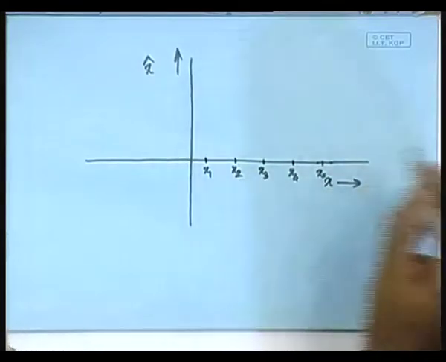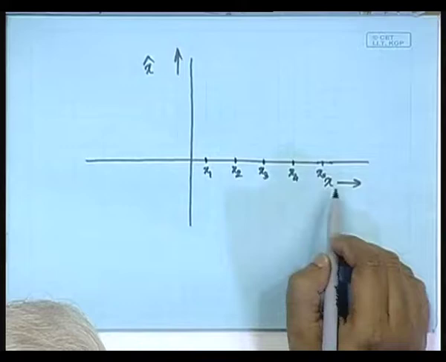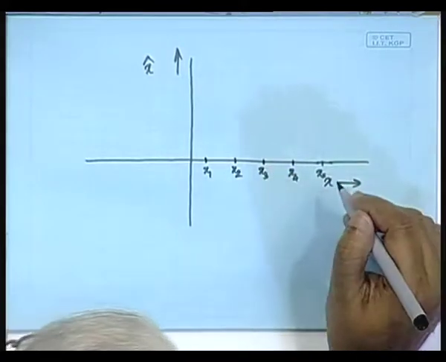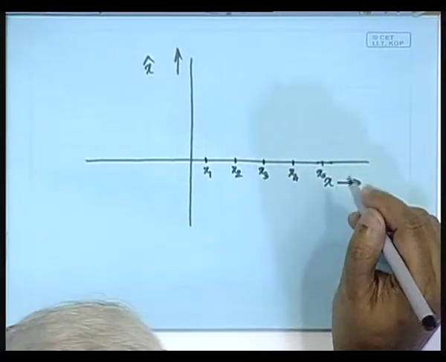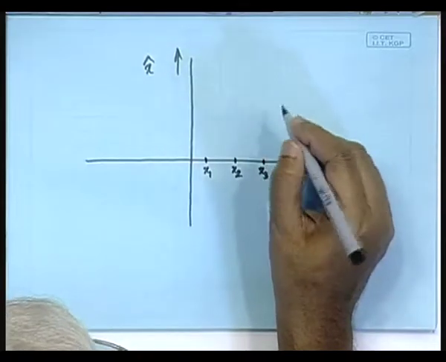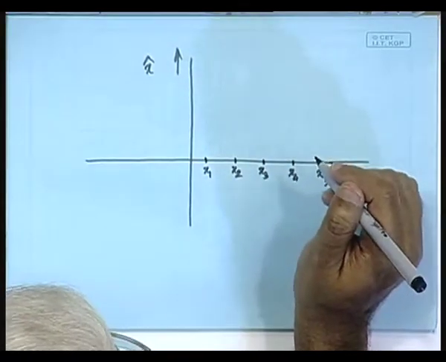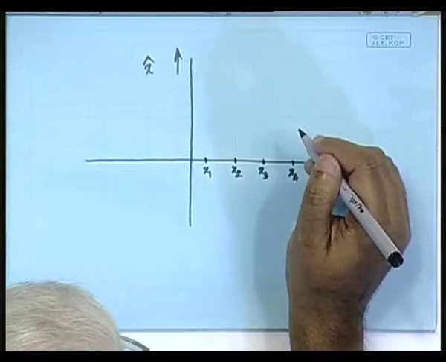These are the steps that we have along x, and the corresponding values for x cap will again be in the form of different steps.